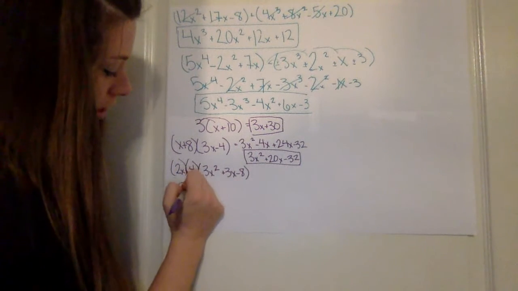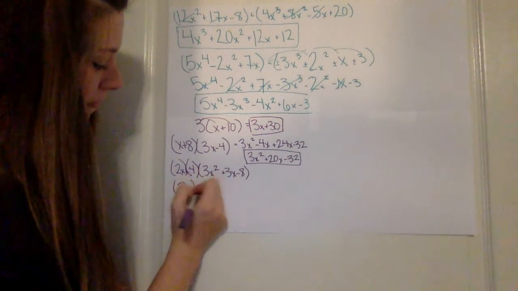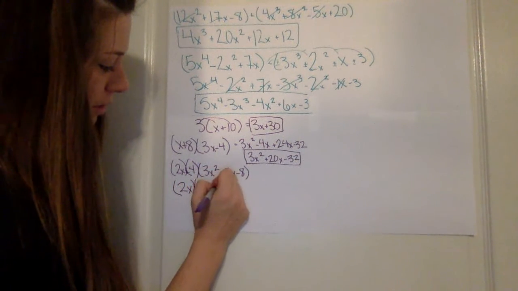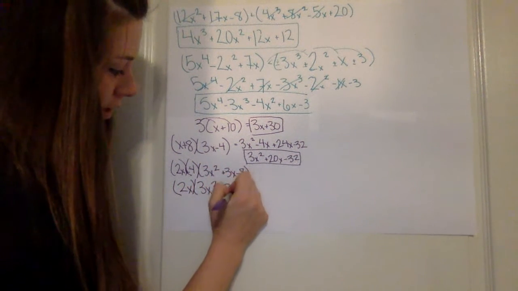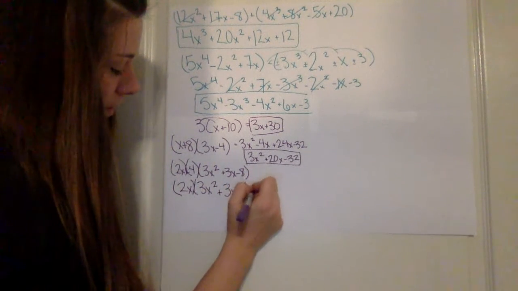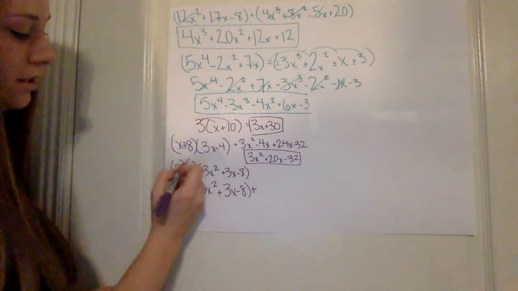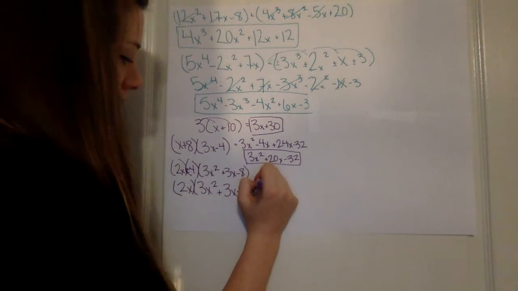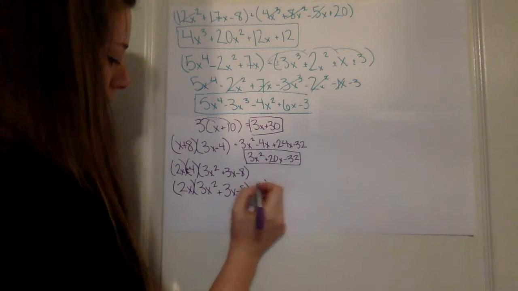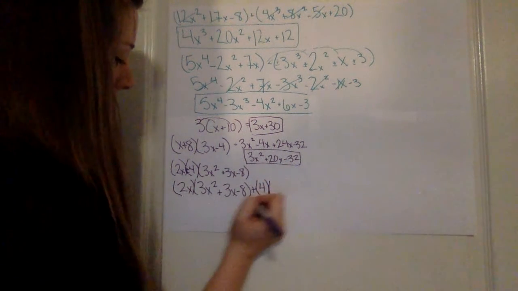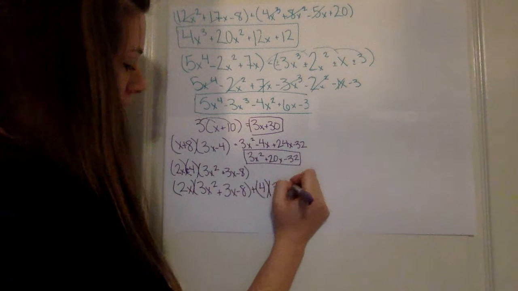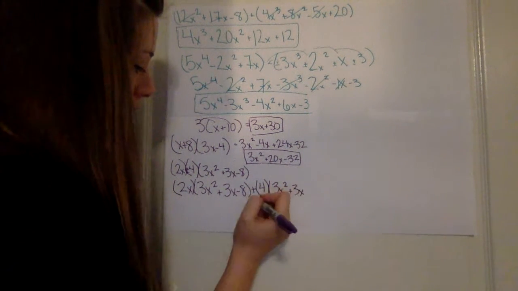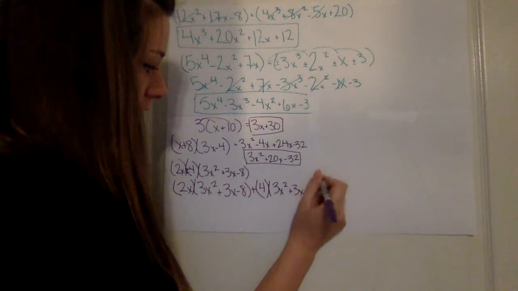So we'll do 2x times 3x squared plus 3x minus 8, plus, because this is a positive number right here, plus 4, and then we're going to distribute 3x squared plus 3x minus 8.